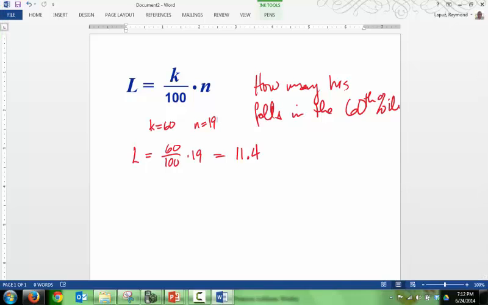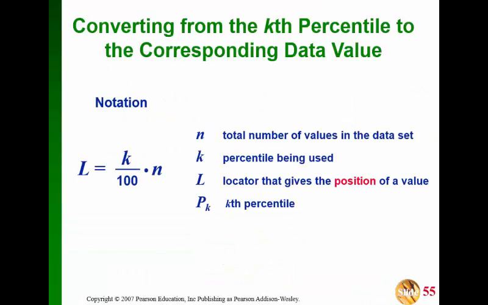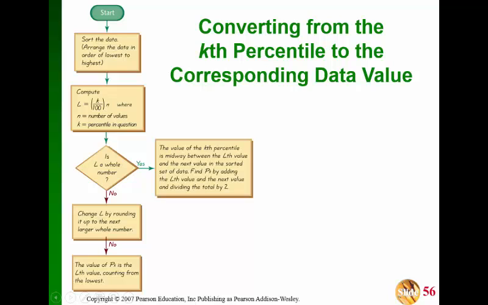Some people go to 11, but if we take a look at the instructions, you find your locator. If your locator is a whole number... no, in this case it's not a whole number, so we want to round up. This is a chart in your book that just tells you how to use your locator, what happens if your locator is a whole number or a decimal.